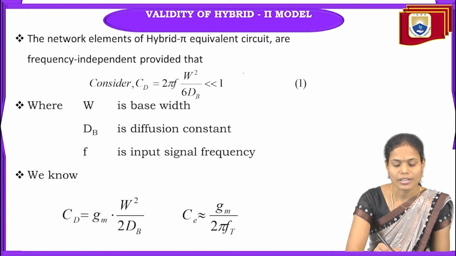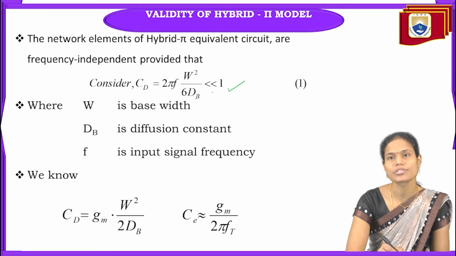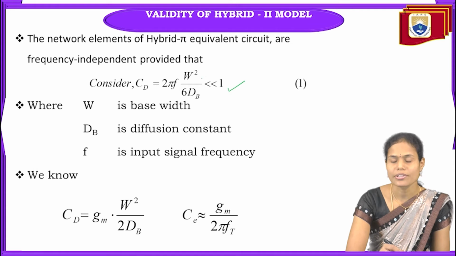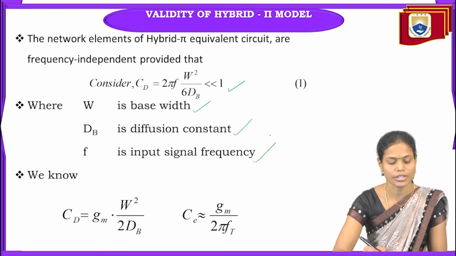So that's why we are considering 2 pi f into W square by 6 Db, which is almost less than 1. Here I have already mentioned W is the base width, Db is the diffusion constant, and f is the input signal frequency.